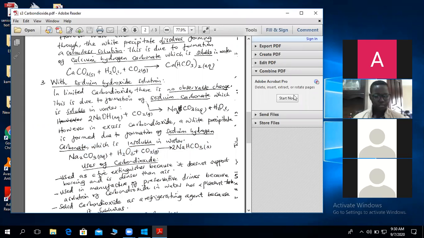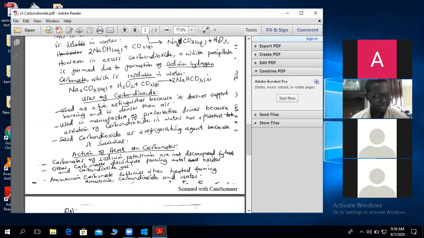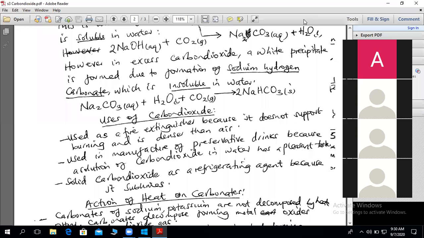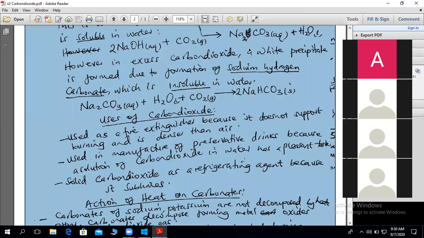Now, let me also remind you of the uses of carbon dioxide gas. Most of the time when we ask this question, we tell you to give the uses of carbon dioxide gas basing on the properties.